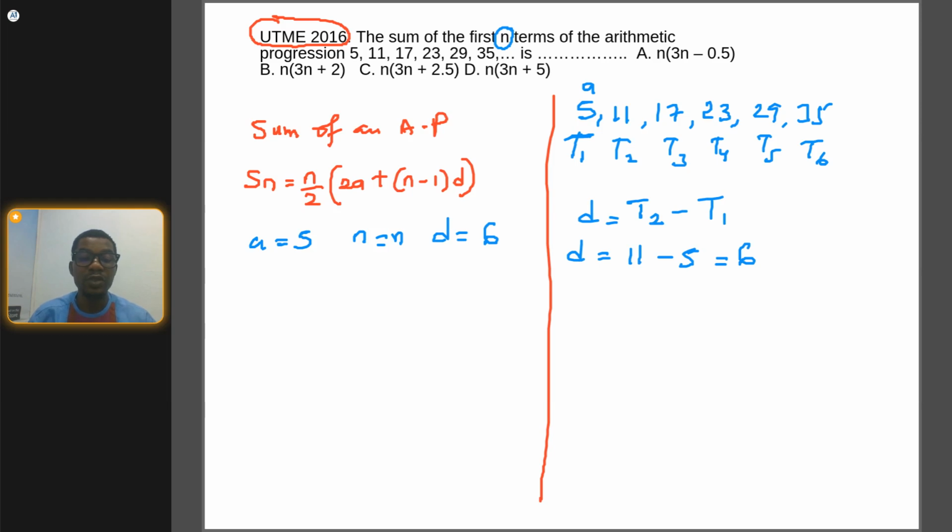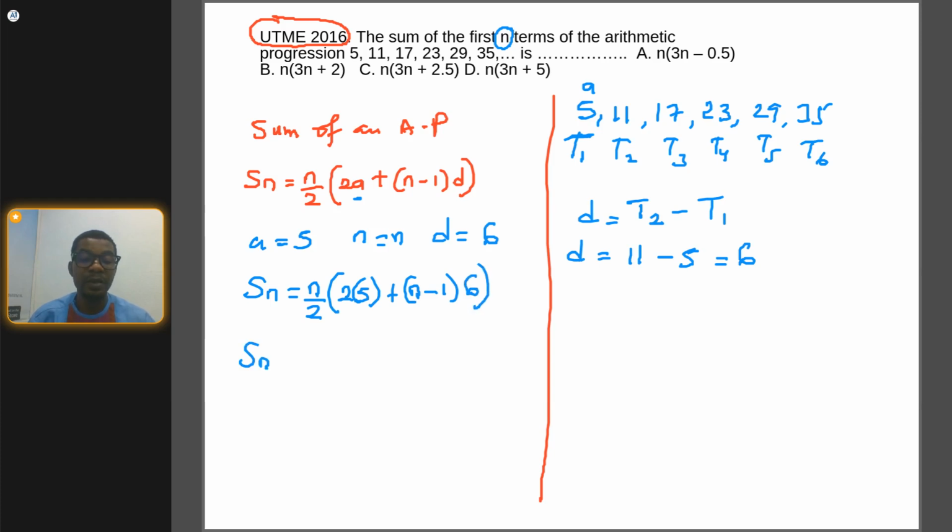Now we have to substitute all of these inside the formula. Sn will now be equal to n over 2, open bracket 2 times a, and a is represented by 5, plus, open the bracket, n minus 1, then we have the common difference, which is 6.